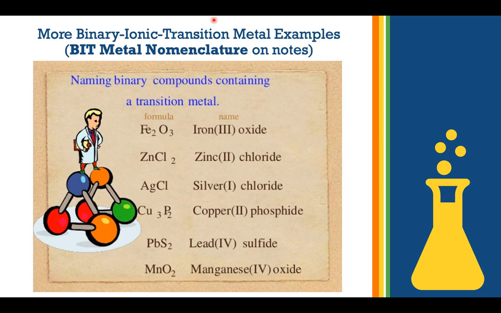Sulfur has a -2 charge to it. So -2 times 2 is -4. Does that make sense? And lead has a +4 charge here. +4 and -4 equals 0, right? So that's a neutral compound.